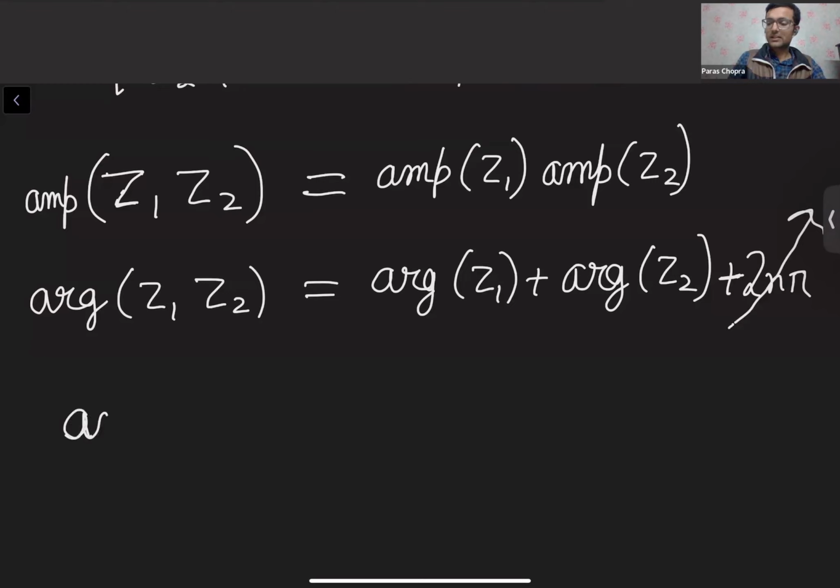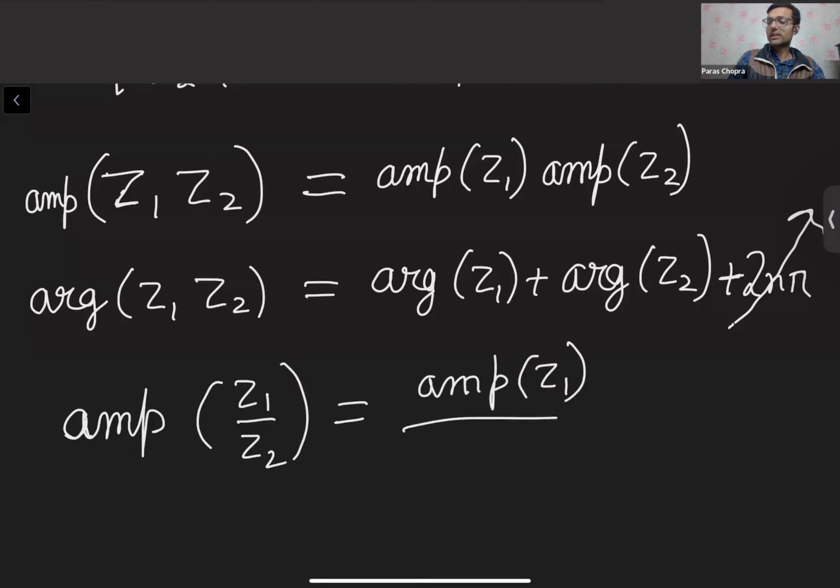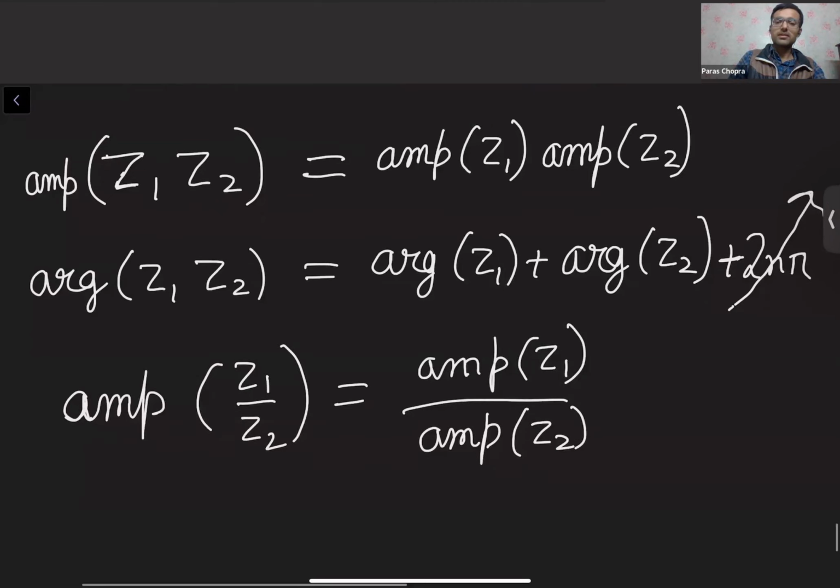Similarly, the amplitude of Z1 by Z2 will be the amplitude of Z1 divided by amplitude of Z2, and argument में we will subtract.